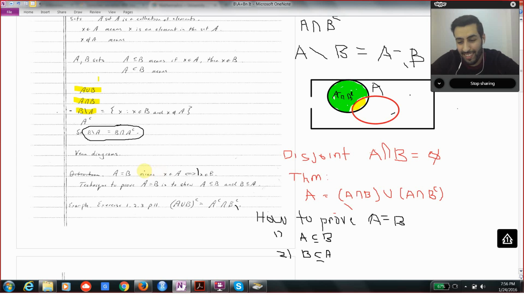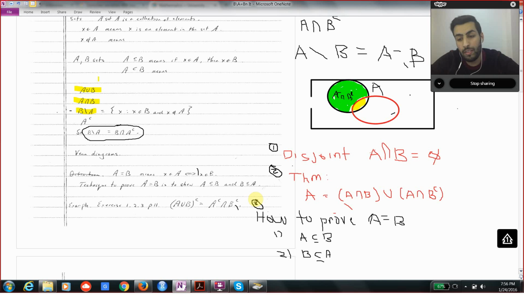So these are two important things to start off with. Let me back up here for a second. The definition of disjoint is very important. The fact that we can decompose a set as a union of two disjoint sets using another set is important. And how we prove two sets are equal.